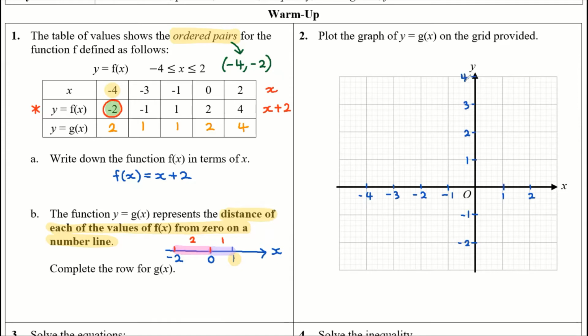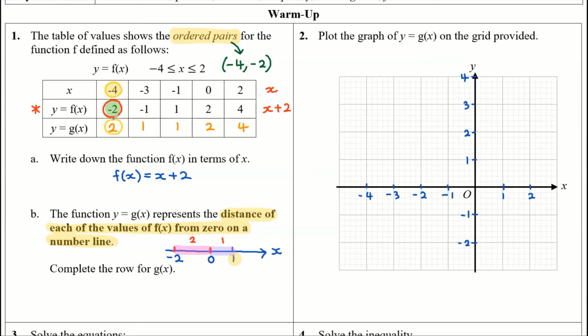Just squeeze that on. So let's put in our ordered pairs. So just be careful with this when you're reading off the table of values. It's the first number, of course. When I say the first number, the number in the first row, that's your x coordinate, and the number in the third row is going to be your y coordinate for g of x.